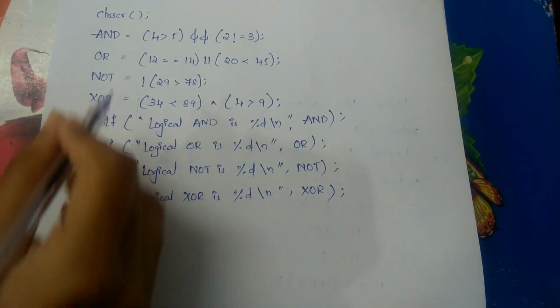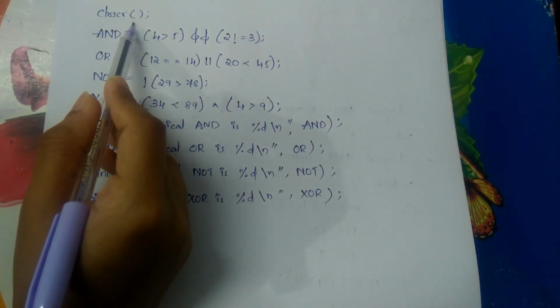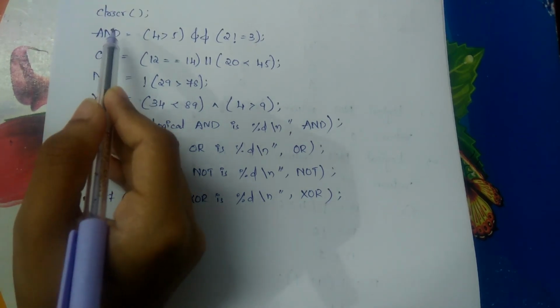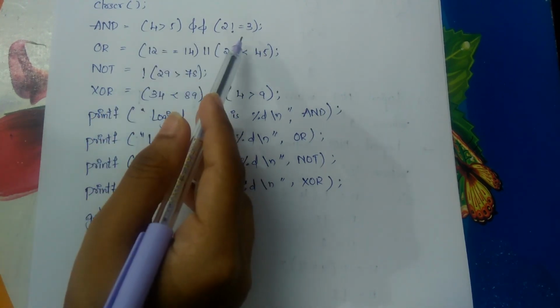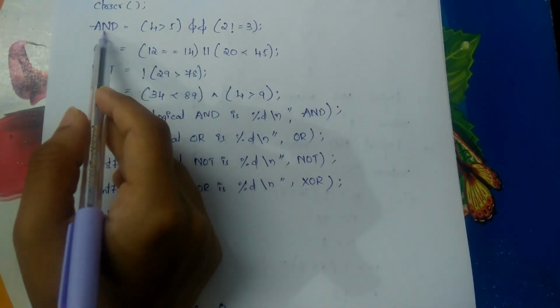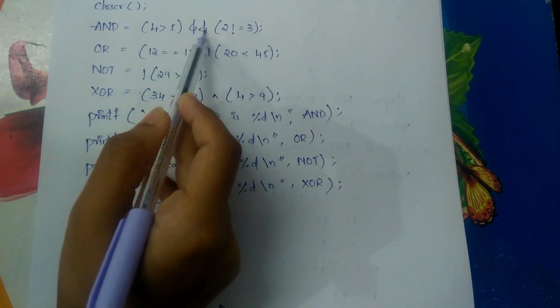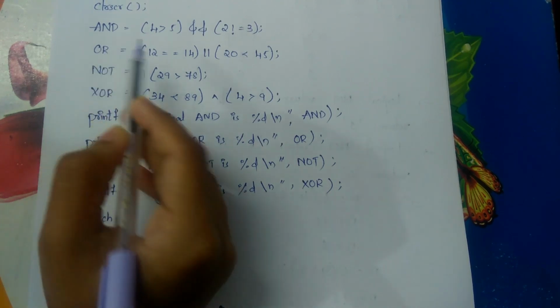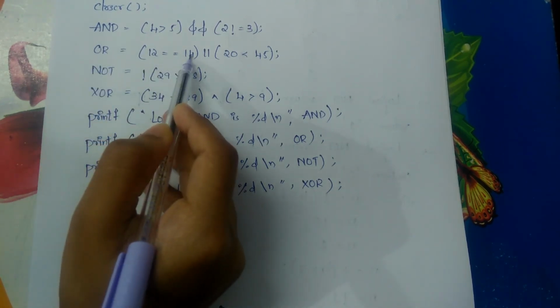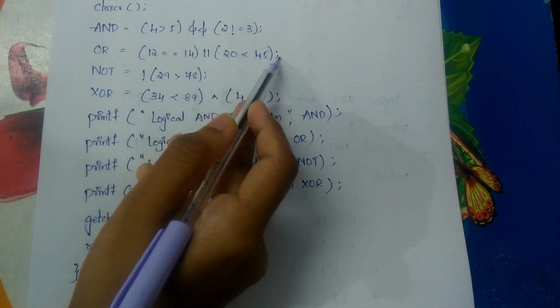After declaring variables, then clear screen. The output of the previous programs has to be cleared. And next, for each of the variables I am giving some expressions. First one, and is equal to 4 greater than 5 logical AND 2 not equals to 3, and or equals to 12 is equal to 14 logical OR 20 is less than 45, ended with semicolon.